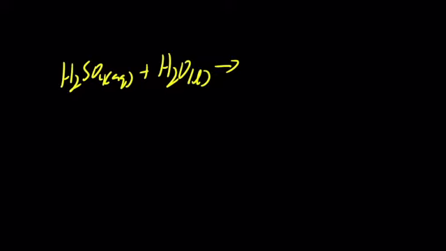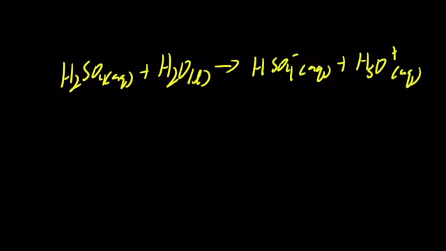So H2SO4 is one of the strong acids, and because of that, we know that it's a proton donor. So it's going to lose a proton, and it's going to lose a proton to the water molecule. So it ends up looking like this: HSO4 minus, and we have one hydronium ion right here.